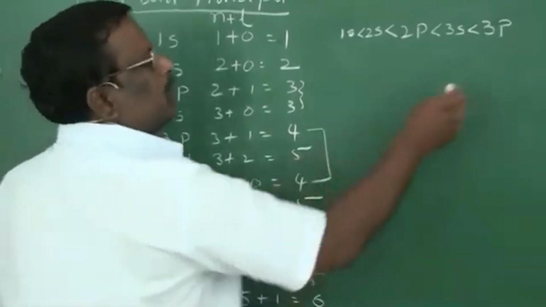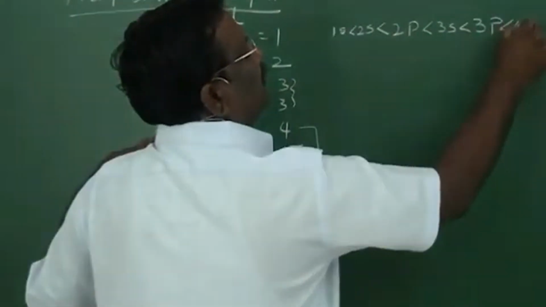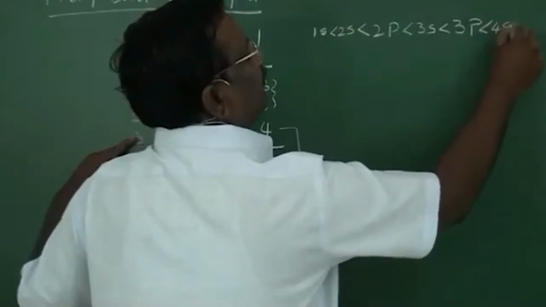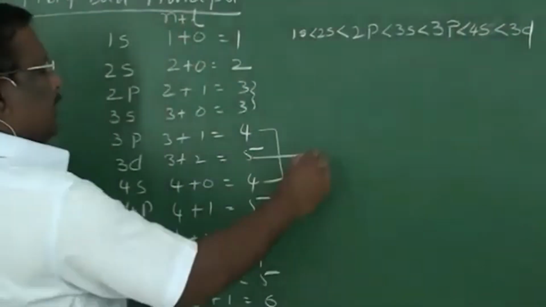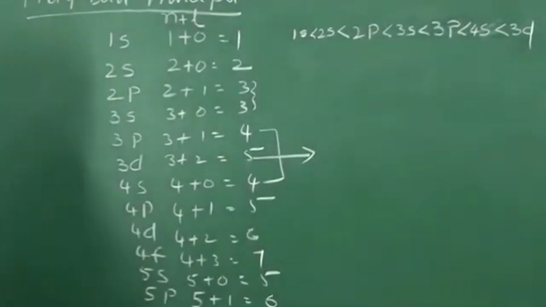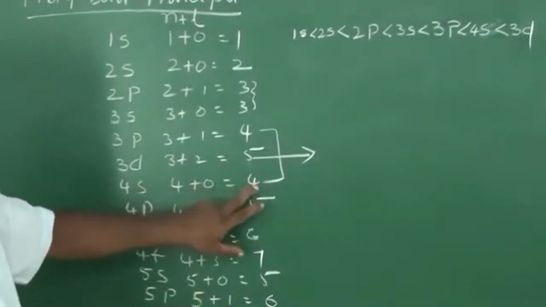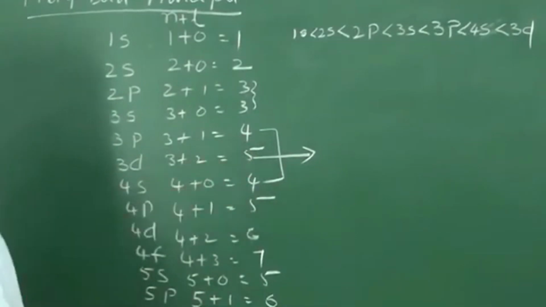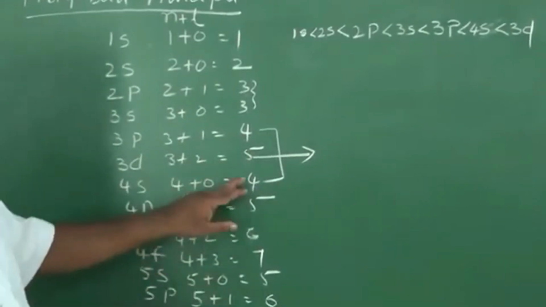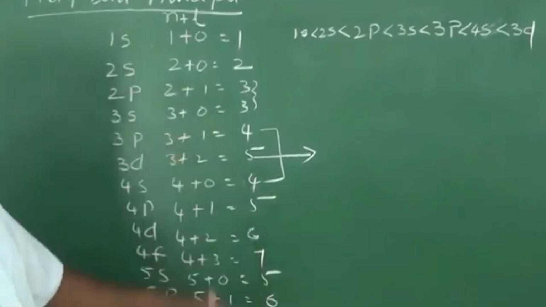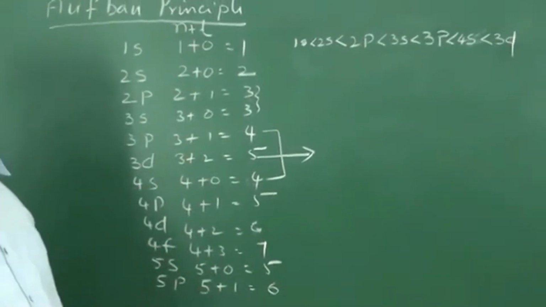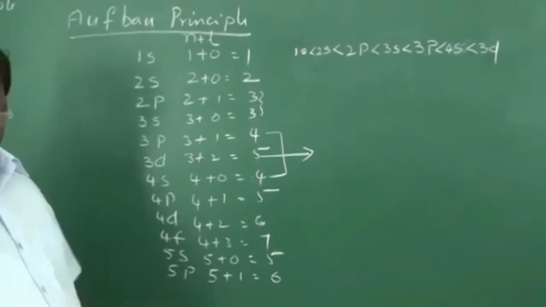So first the 4s orbital is filled, then 3d, though its n value is less. After filling of 4s only, the electron will enter into the 3d orbital. Just like this, the remaining orbitals will also be filled.